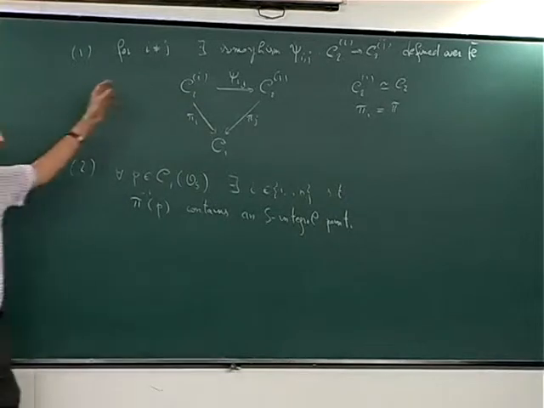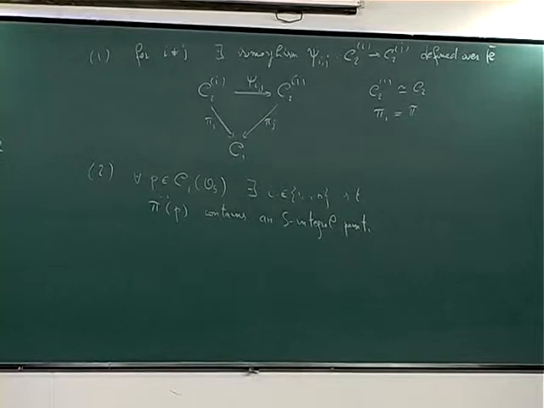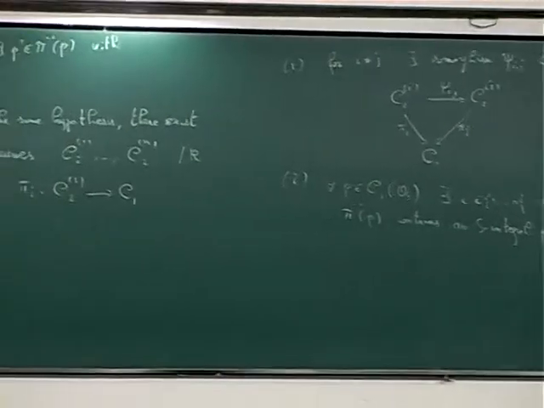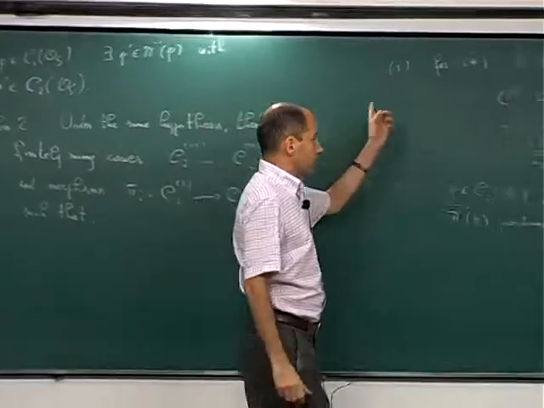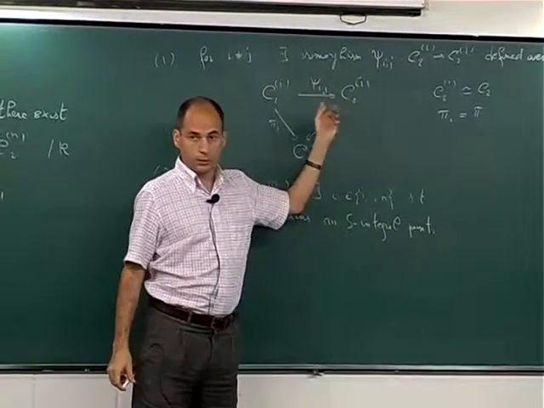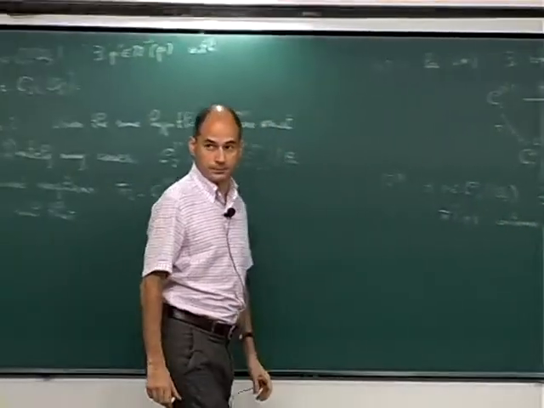So these curves are called twisted curves. They are all isomorphic over the complex numbers, but not necessarily over K.